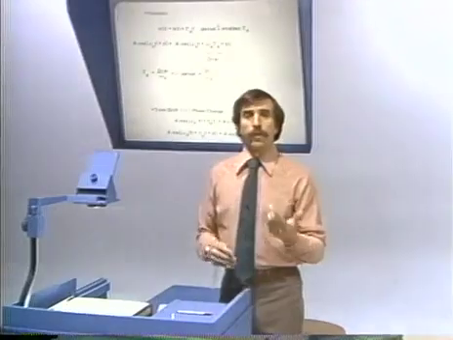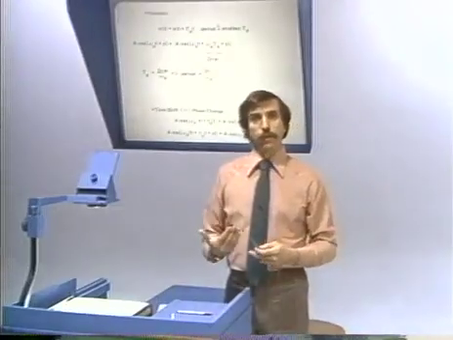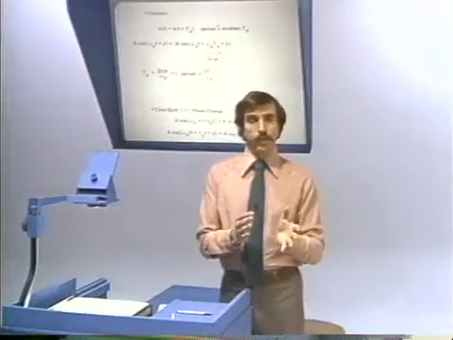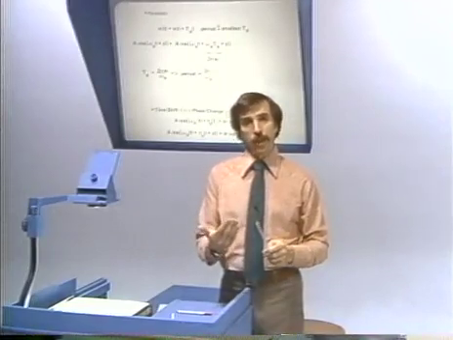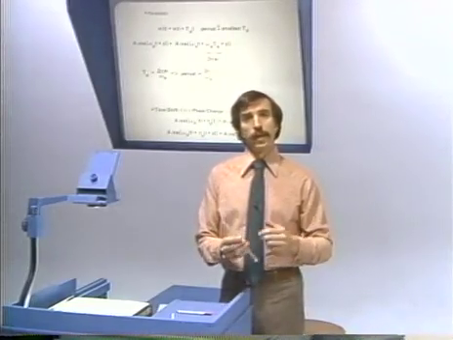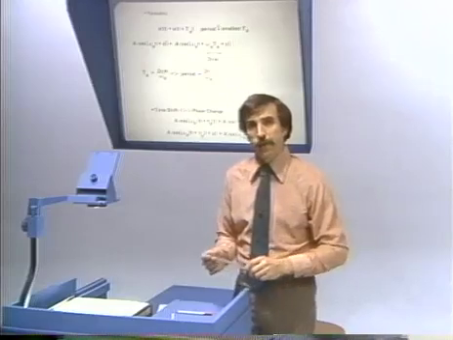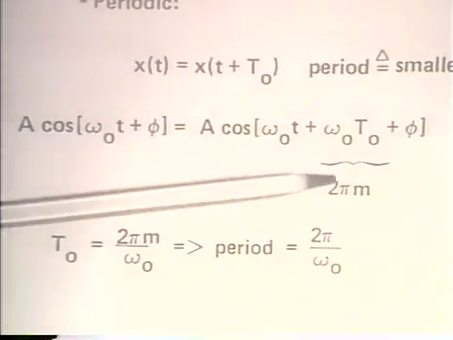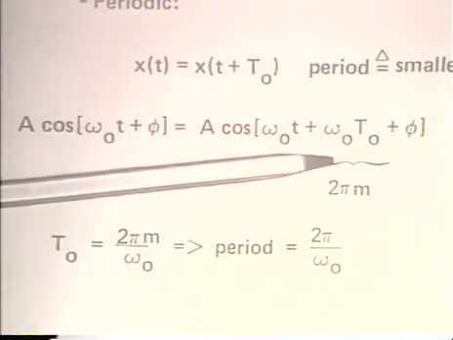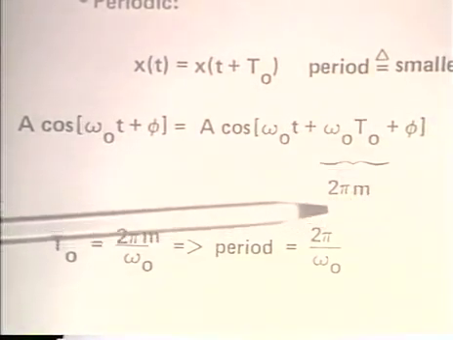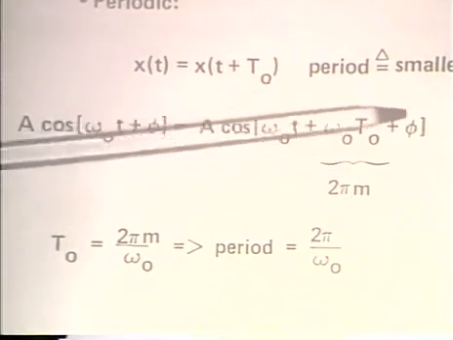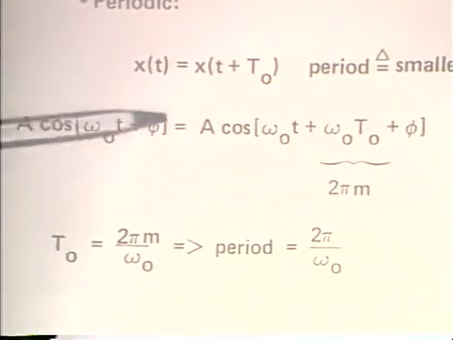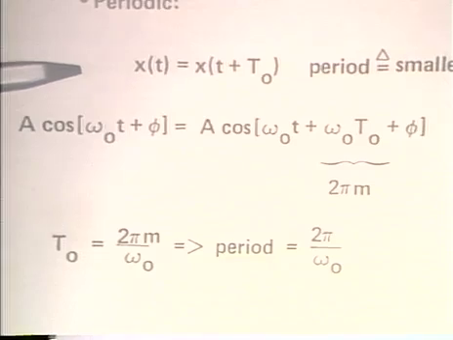Now, one of the things that we know about sinusoidal functions is that if you change the argument by any integer multiple of 2 pi, then the function has the same value. And so we can exploit that here, in particular, with omega 0 T0 an integer multiple of 2 pi, then the right-hand side of this equation is equal to the left-hand side of the equation.